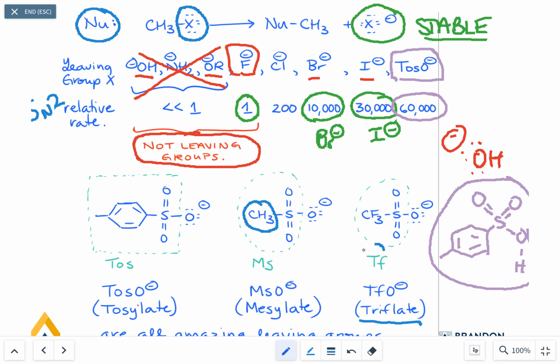The triflate itself is the best, because not only is it stabilized by all that resonance, but you've got these fluorines which would inductively stabilize that negative charge as well. So these are amazing leaving groups. Now, OH is a terrible leaving group. The tosylates are some of the best.